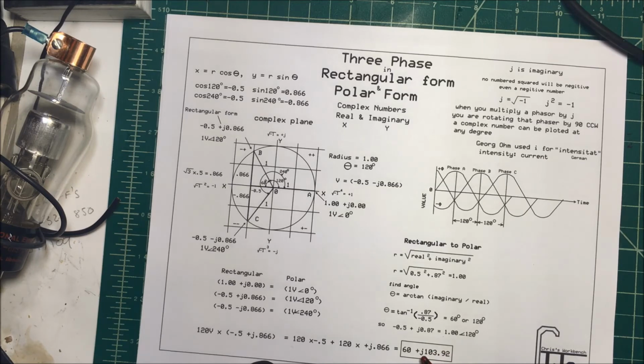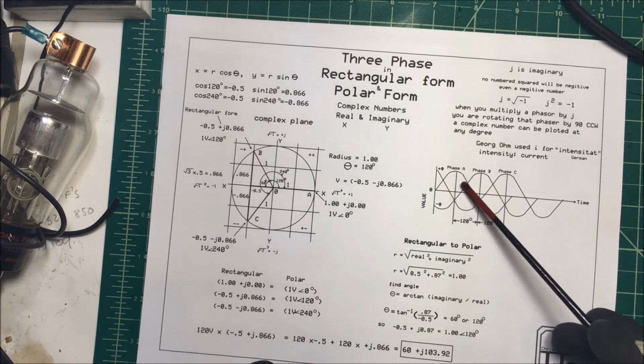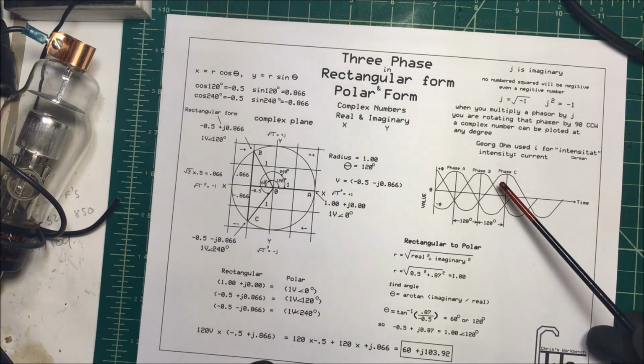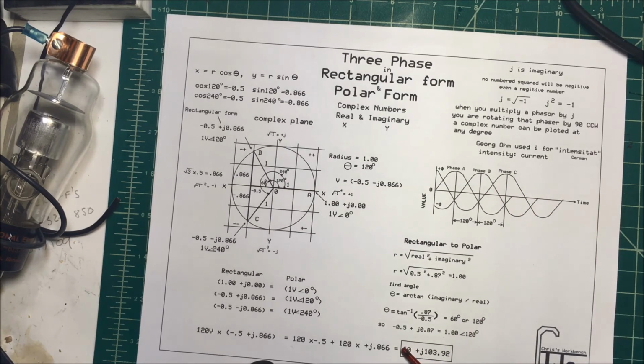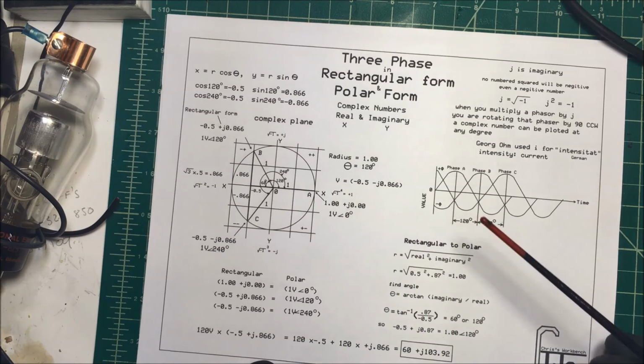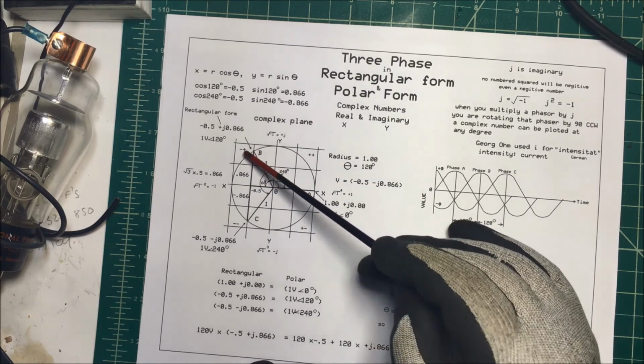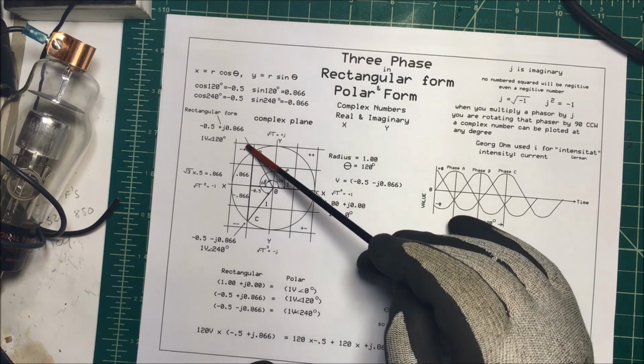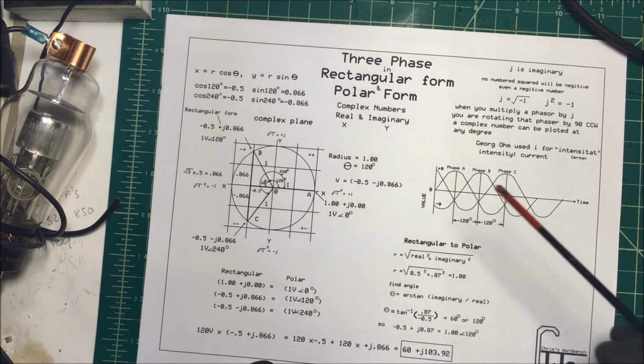You'll see it as 60 plus j104, okay? So a lot of times, if they're dealing with 120 volts on, say, a Y system, you'll see 60 plus j104, or minus 104, and that's your phasors, okay. So that's going to be the same angle and same phase, okay.